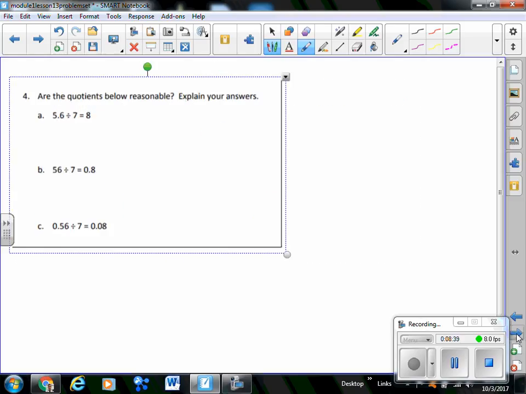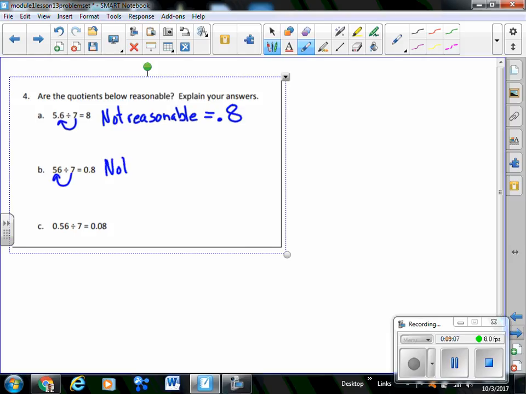Okay, if we look at the ones below, are the quotients reasonable? 7 goes into 56. I agree it's 8 times, but it's not reasonable. The reason it is not reasonable is that 5 and 6 tenths should be 8 tenths, not 8 wholes. On the next one, 7 goes into 56 8 times.